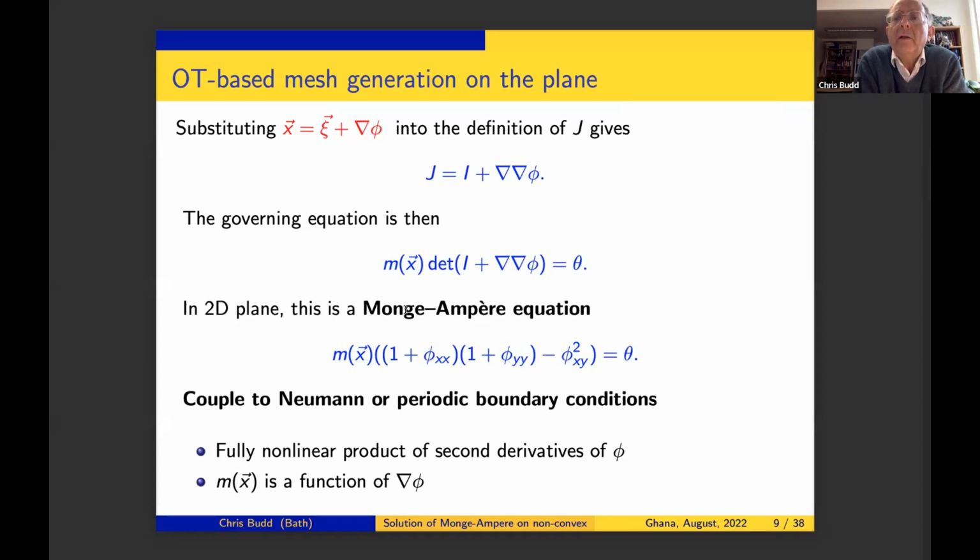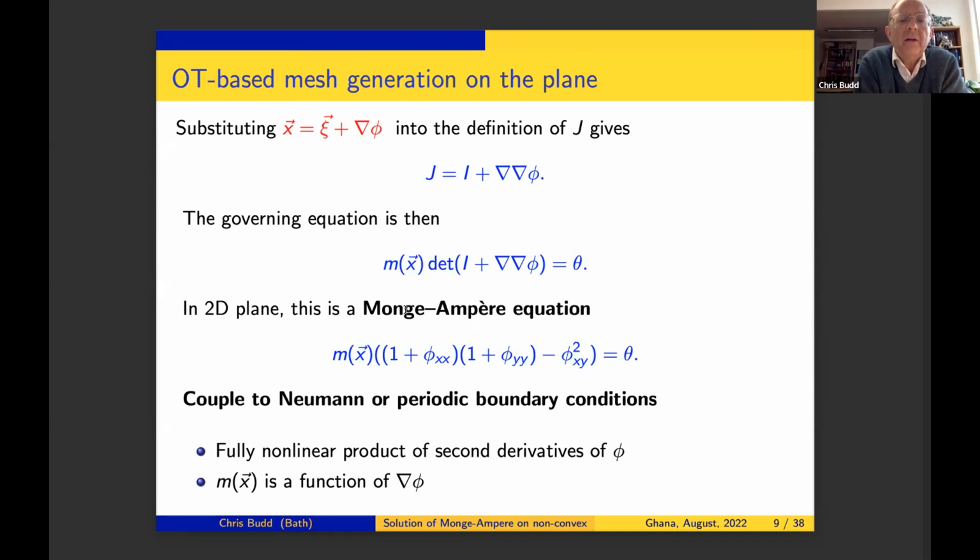Now, I should say one thing that's really important. We're talking here about generating meshes to solve partial differential equations. I'm interested in solving the PDE accurately, but you don't need a brilliant mesh to solve a PDE accurately on, so we don't need to solve the Monge-Ampère equation particularly accurately.